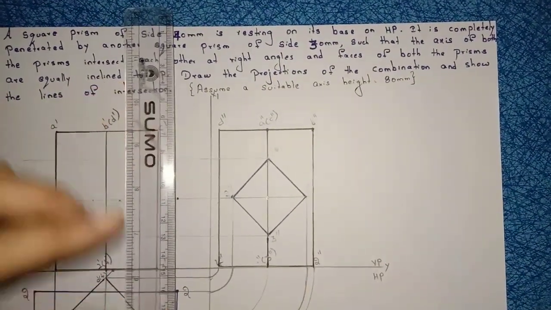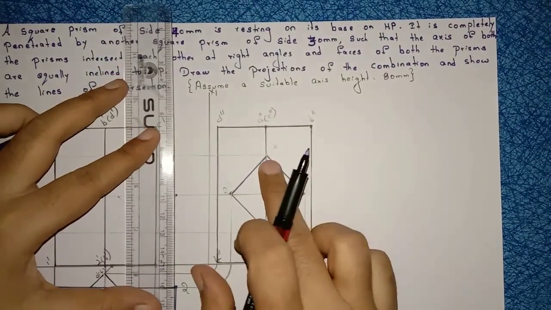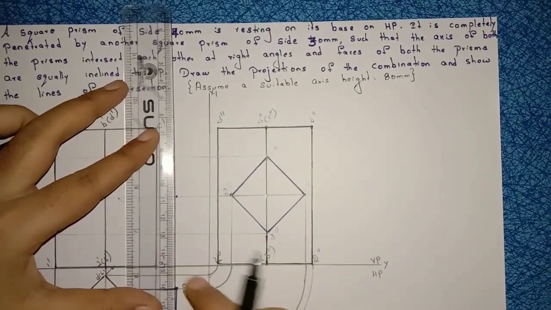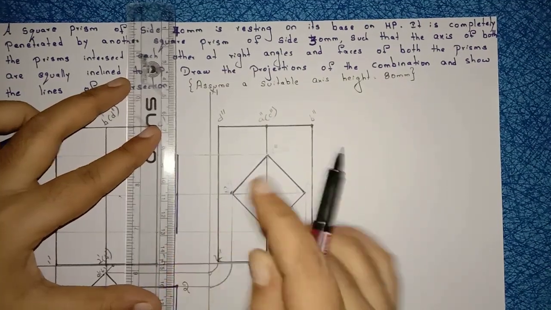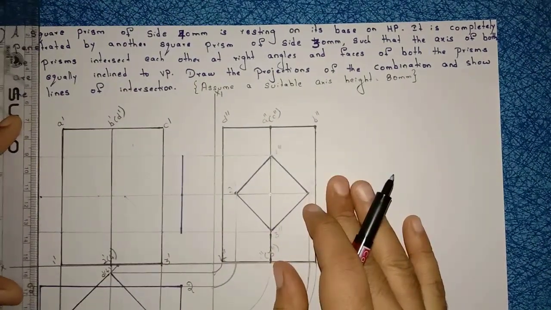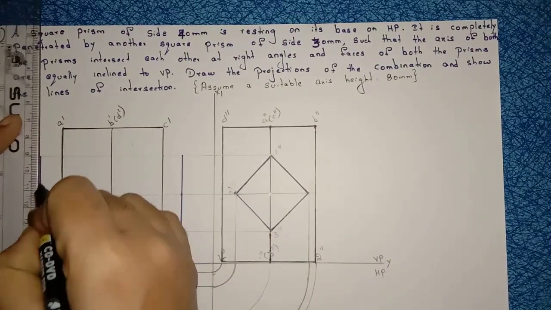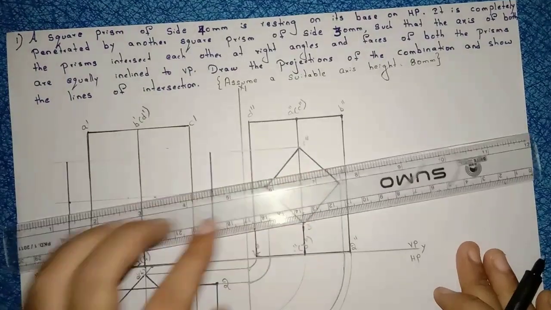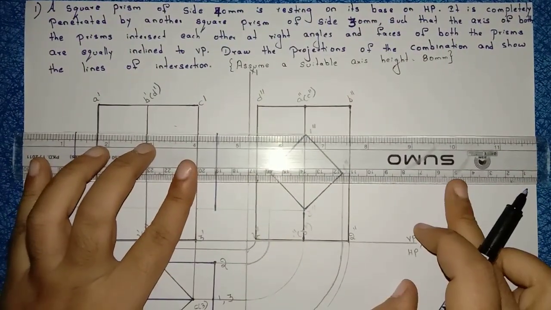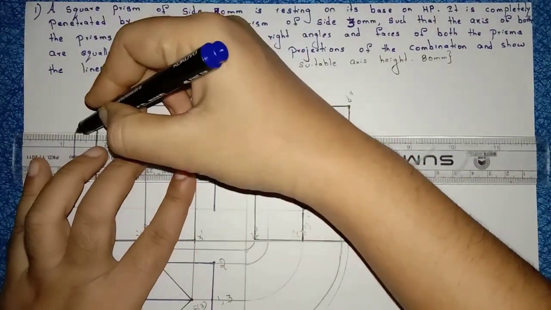Now through that midpoint, this is 1'', this is 3''. Draw a vertical line, 1'', 3''. Again here draw a vertical line, 1'', 3'', right? And join this one.